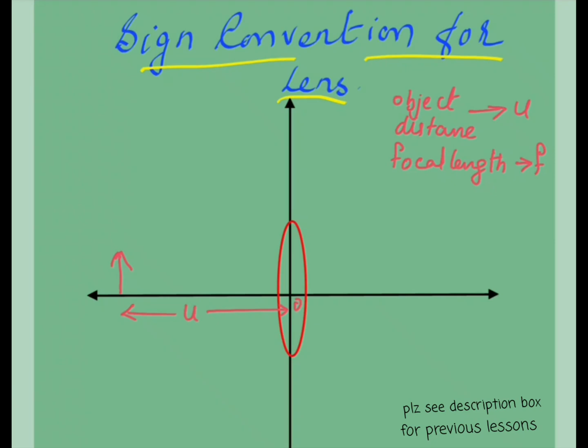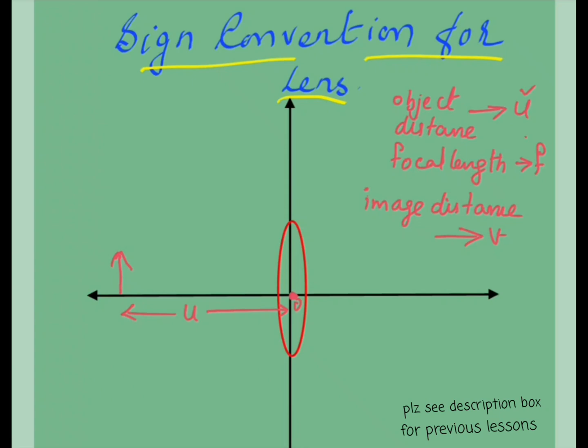Anyhow, the distance between the optic center and the image, whether it is on the left side or right side, we name that the image distance, and that image distance is represented using small letter V. So these are the notations. Object distance is represented using U, focal length using F, and image distance is represented using letter V.